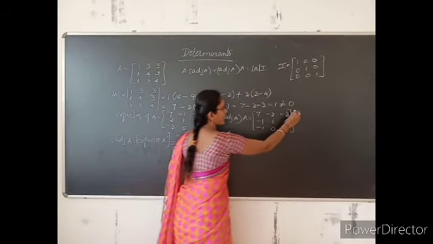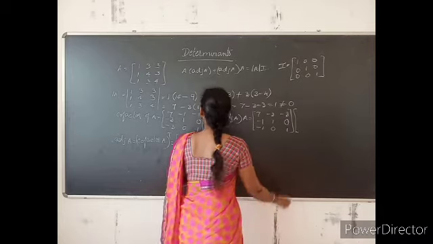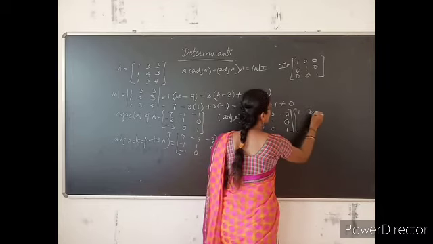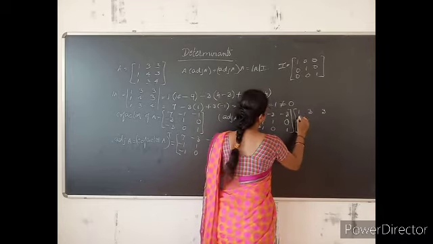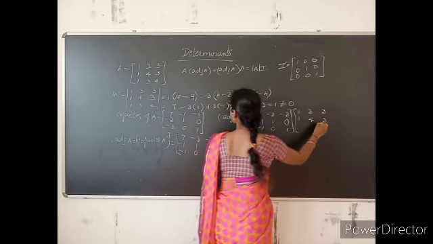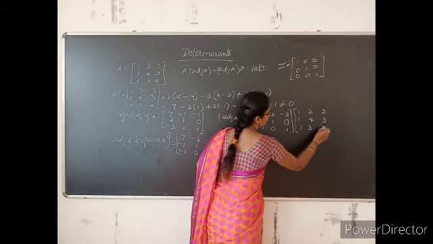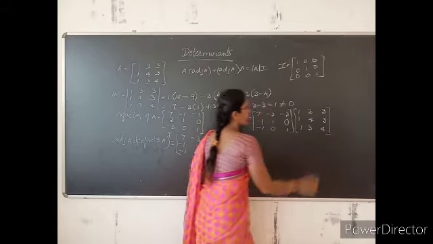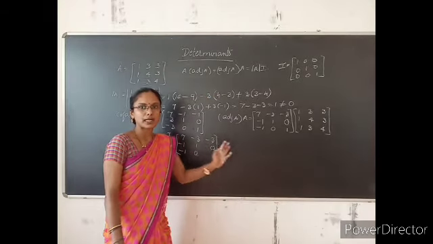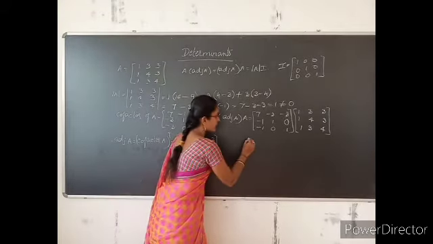This is adjoint A and the matrix A is 1, 3, 3, 1, 4, 3, 1, 3, 4. You know the matrix multiplication. Multiply these two.